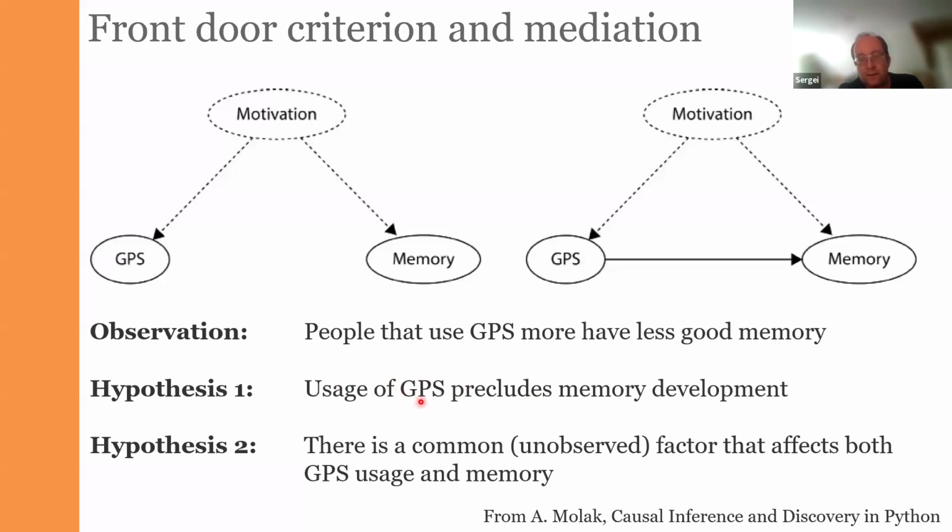The people who started the suit basically said that smoking causes lung cancer. And the tobacco company said, you know what, there is a common genetic unobserved factor that makes people both more likely to smoke and facilitates the development of lung cancer.